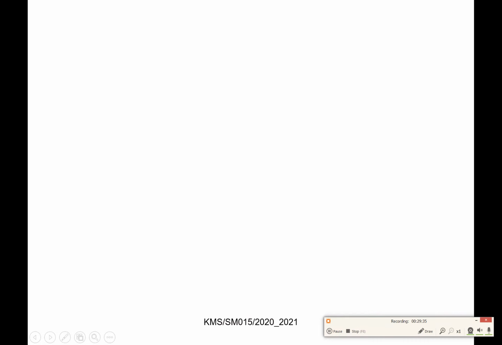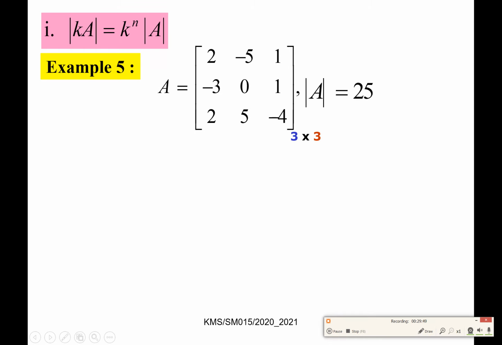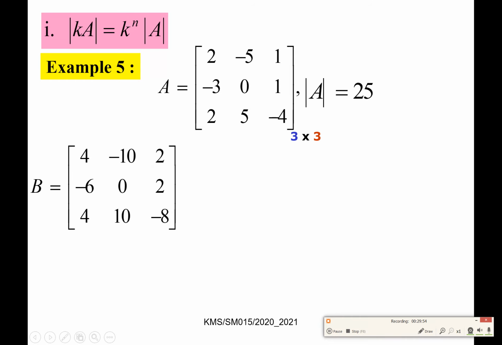Let's look at the first example for the first basic property of determinant. You are given A, a 3 by 3 matrix, and the determinant of A is 25, and you are given B. See the connection for these basic properties. All the elements here are even numbers, so we can divide by 2. What should we do?